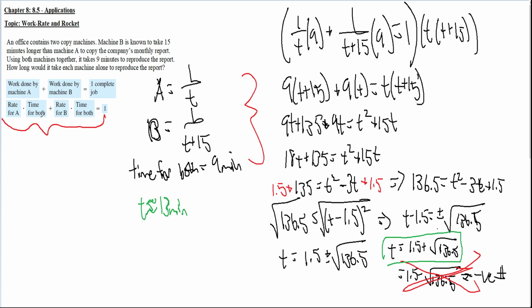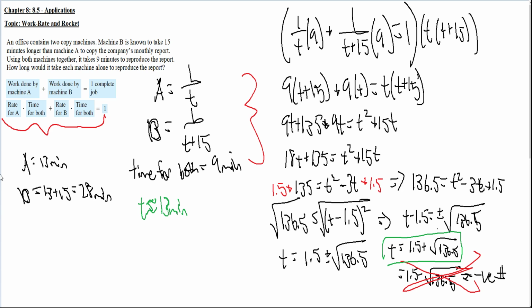So the time for A to complete a job is 13 minutes. But for B, because it's t plus 15, we have 13 plus 15, which is 28 minutes.